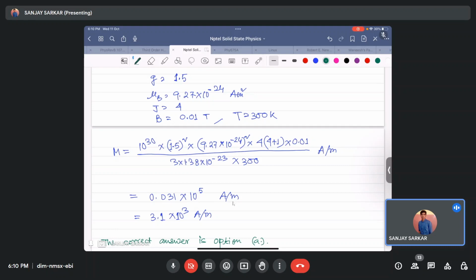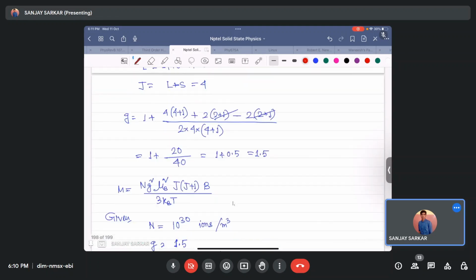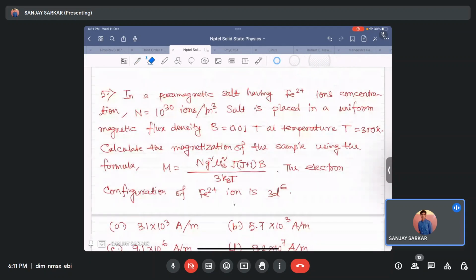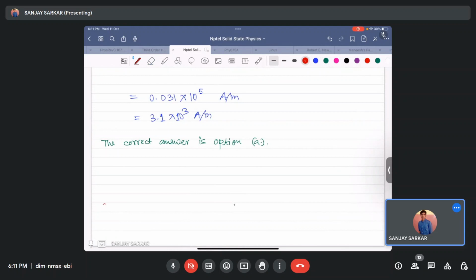So it's a similar kind of question, that's why I'm writing down this question before. So you guys should be able to do this. The most important contribution to the paramagnetism.